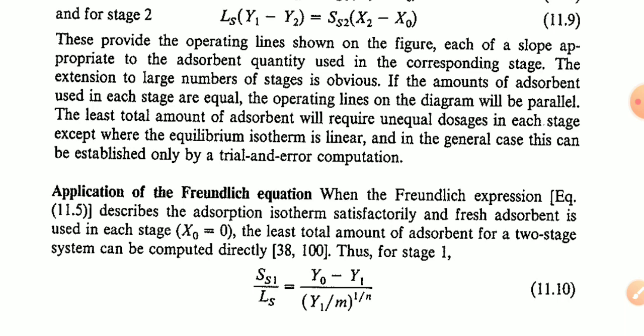If the amounts of adsorbent used in each stage are equal, the operating lines on the diagram will be parallel. The least total amount of adsorbent will require unequal dosage in each stage, except where the equilibrium isotherm is linear, and in the general case this can be established only by trial and error.